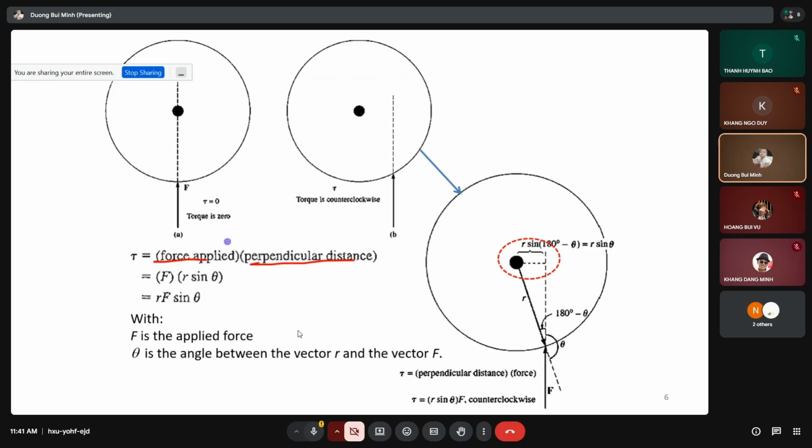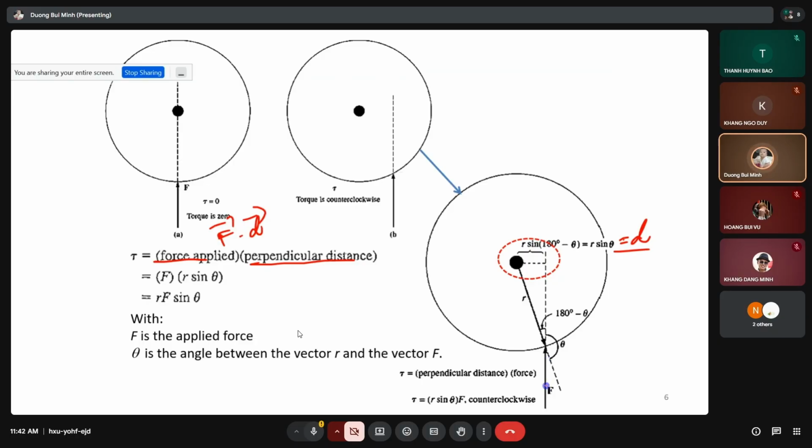Force and distance, d. For example, here this is distance d.